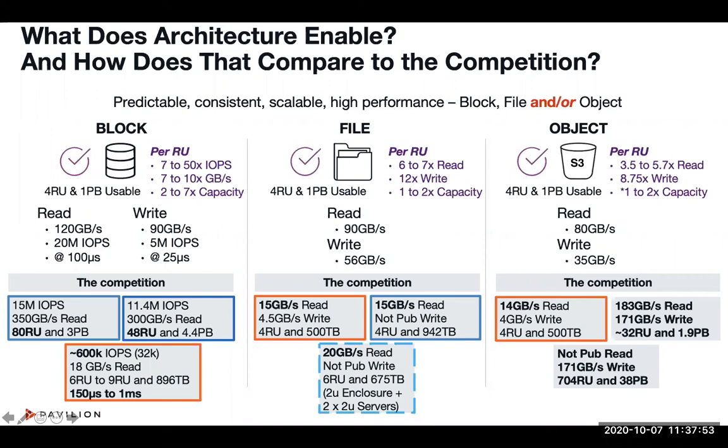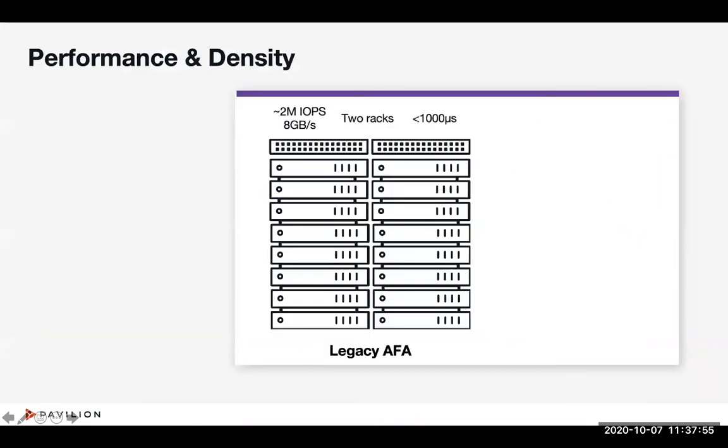Absolutely. That's great. And it's not just that performance, it's density. Sometimes people will overlook this, but you just can't overlook how significant the impact of performance density is. We had a real world scenario where a customer was looking at a solution, and they had architected something from a leading vendor that would give them the performance they needed, but it took 2 full racks of storage and networking to do that.